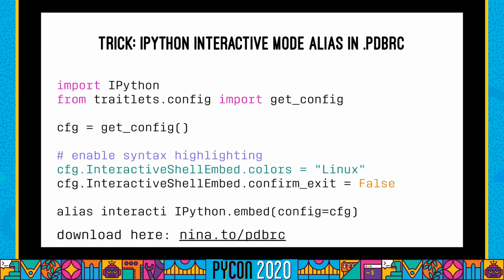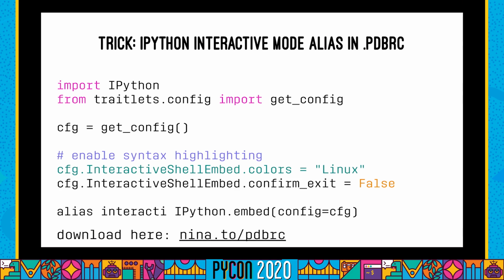Now, this is a trick allowing you to use IPython as your interactive mode REPL by creating a file called a .pdbrc file, which is a configuration file. And you can download mine at nina.2/PDBRC. So not only do you get that nice IPython shell with syntax highlighting and tab completion if you do this, but you also get the fancy stuff like using magic methods in IPython for multi-line paste.